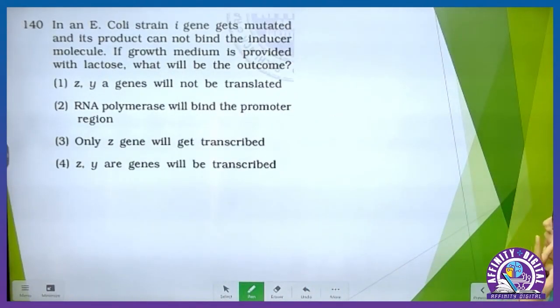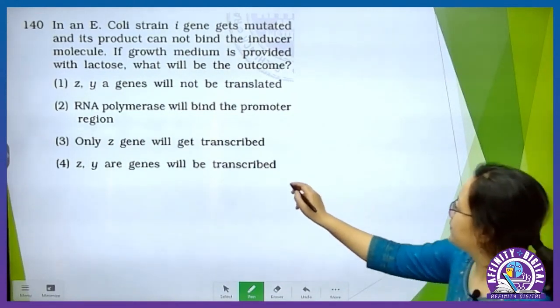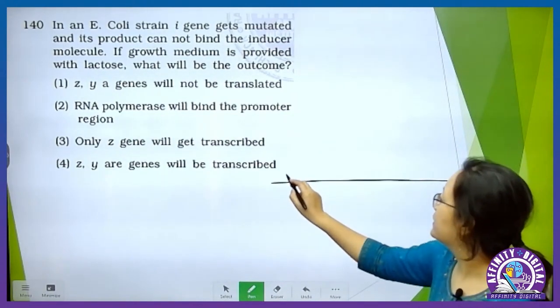In E. coli, the I gene gets mutated. What happened here?